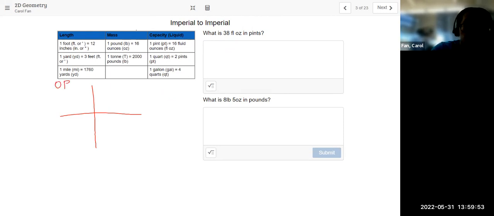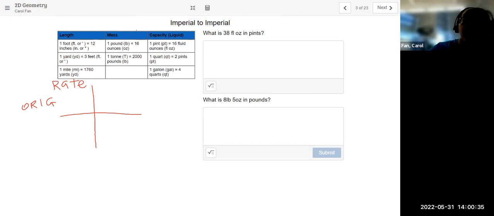So we have our rate, and then we have our original here, and then we have our new one.